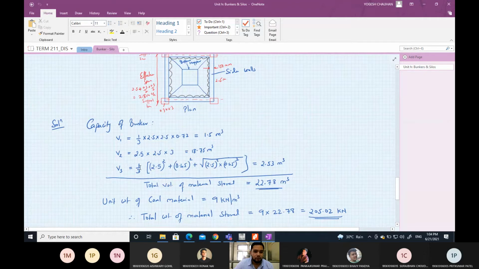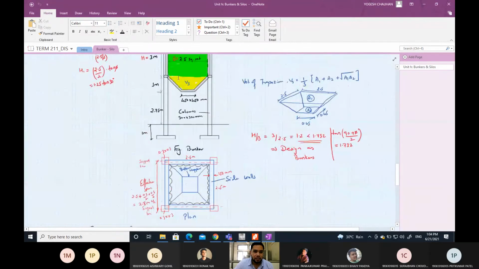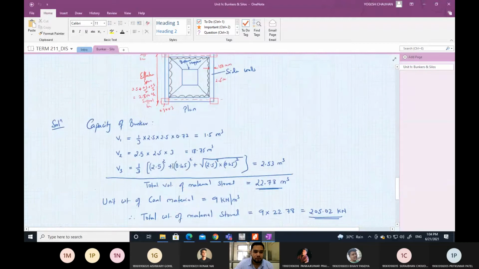So that was 1 by 3 times (A1 plus A2 plus square root of A1 A2), where A1 is the area at the top and A2 is the area at the bottom. So the area at the top will be 2.5 by 2.5, whereas the area at the bottom will be 0.45 by 0.45. So it is 0.45 square plus square root of A1 A2, that is square root of 2.5 square by 0.45 square.